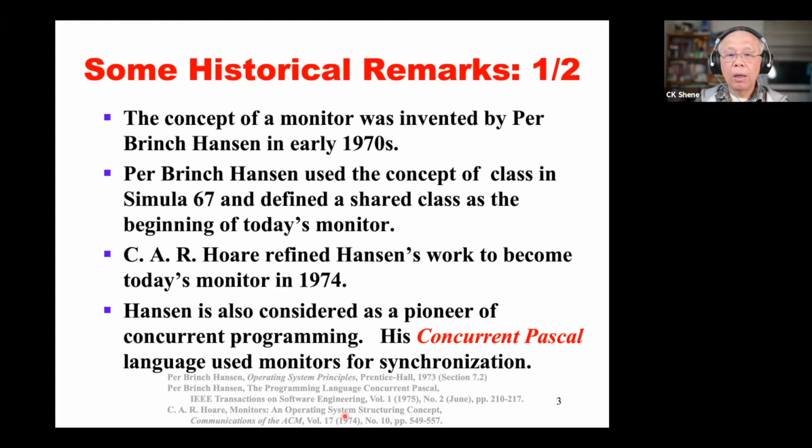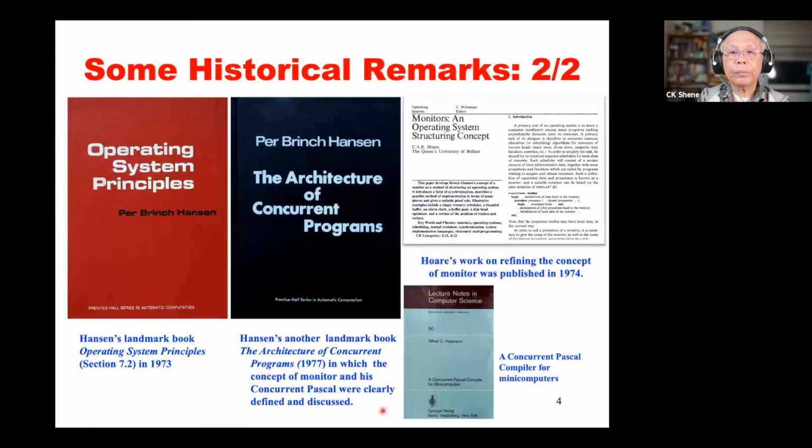Here are the landmark or seminal papers about monitor. And here are several important landmark publications. The first one was written by Per Hansen, Operating System Principles.